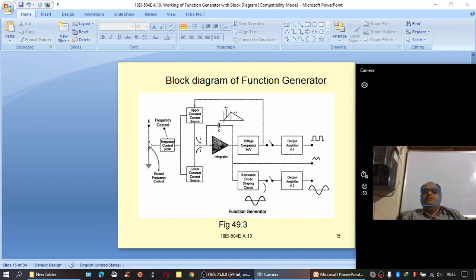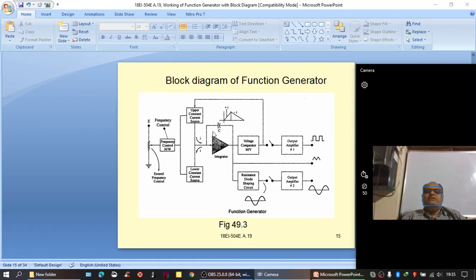So by adjusting this power supply or the voltage value, you can adjust the amplitude of current, and by adjusting the amplitude of current, you can adjust the slope of the ramp or the slope of the triangular wave. Charging and discharging times you can control.